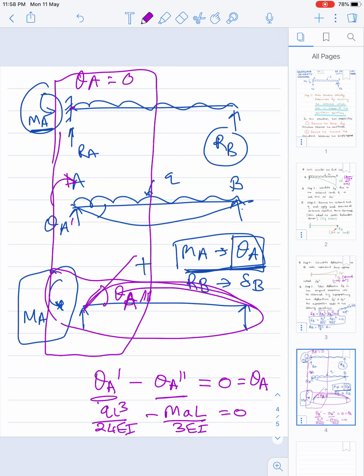And by solving this equation, we get MA equal to QL square by 8. So the example which we have covered is a single degree of freedom. Now in the next class we will see a multi degrees of freedom example.